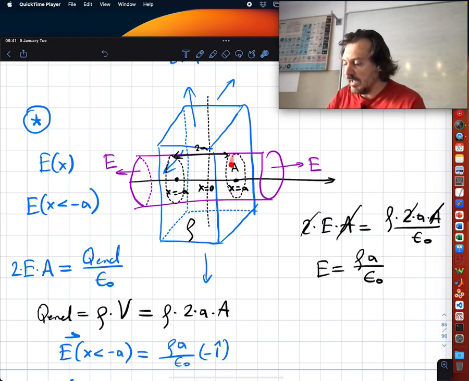We covered only A, the area A. Actually, we only covered this volume over here, right? And that volume is A times 2A. There is no cavity. This is a bar.